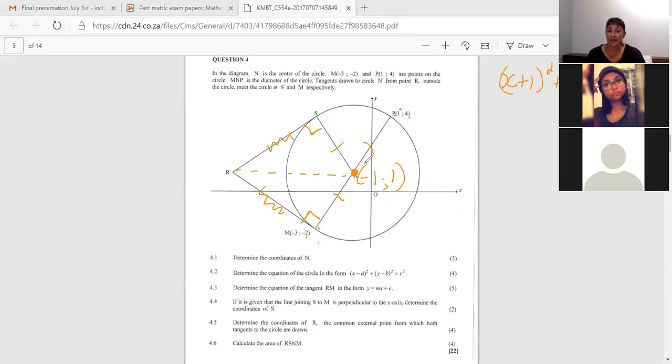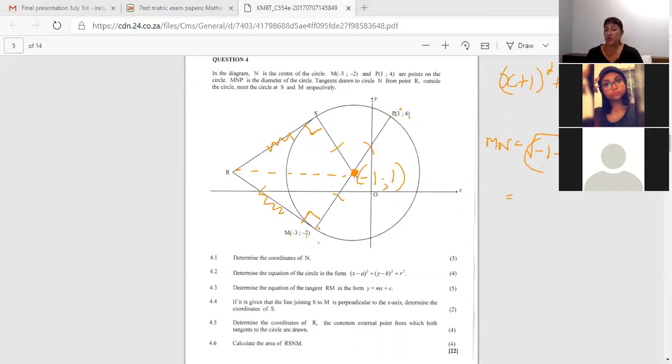Remember, x opposite sign, y opposite sign. And then, of course, I can find my radius by using the distance formula. So in other words, mn equals root of x minus x squared plus 1 minus -2 squared.